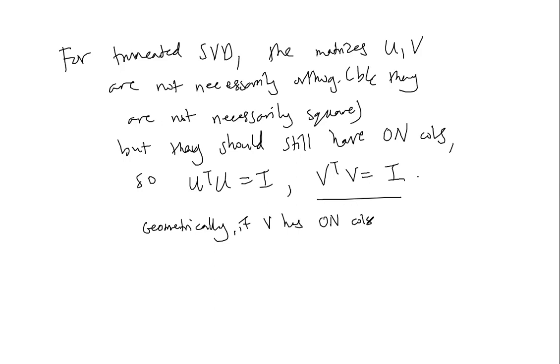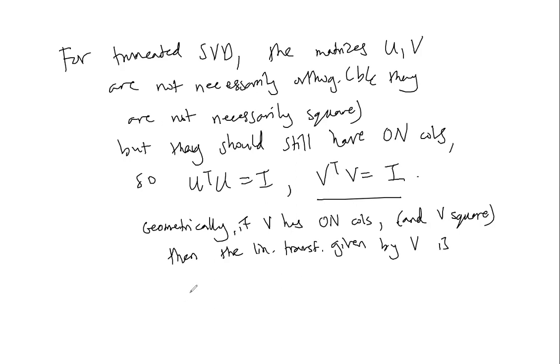Let me do this first: if V is square, so that it's orthogonal, then the linear transformation given by V is just a rotation or reflection.